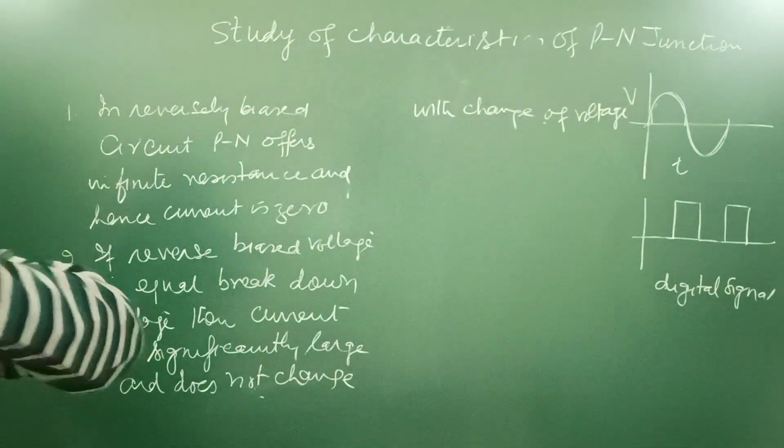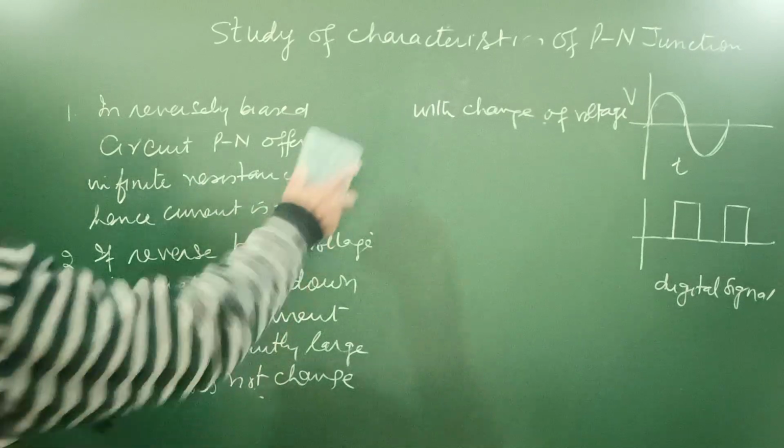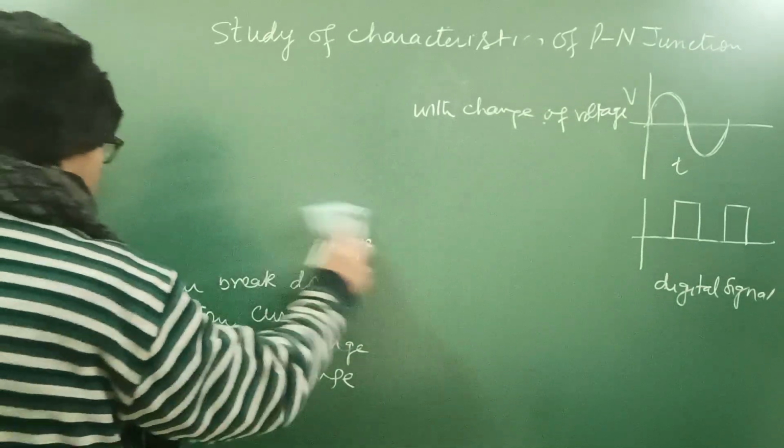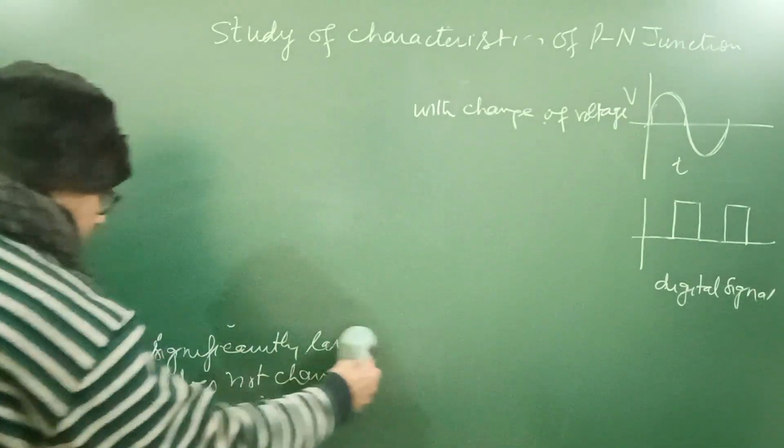Reverse bias current, if the applied voltage is equal to the breakdown voltage, becomes independent of voltage.